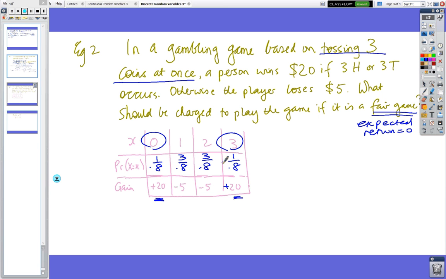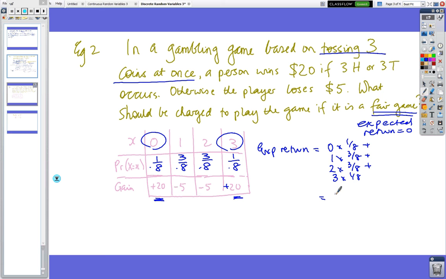So the expected return will be 0 times 1/8 plus 1 times 3/8 plus 2 times 3/8 plus 3 times 1/8.